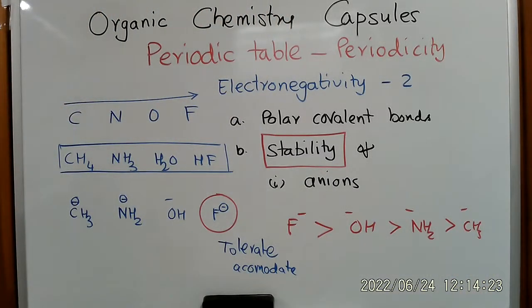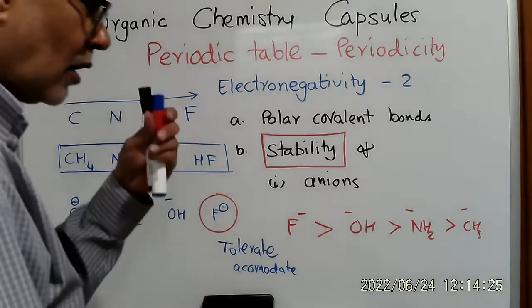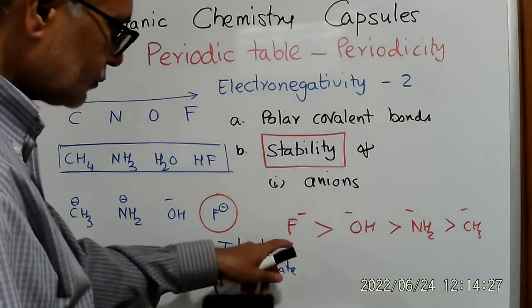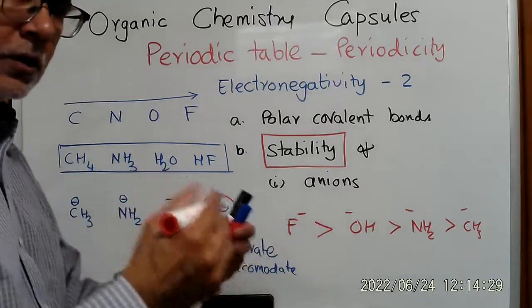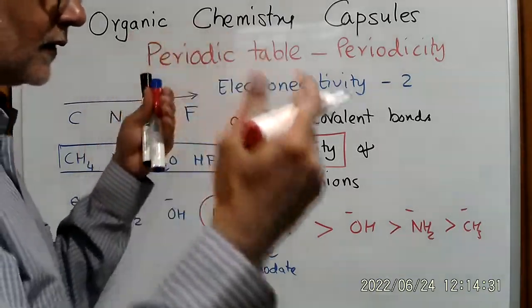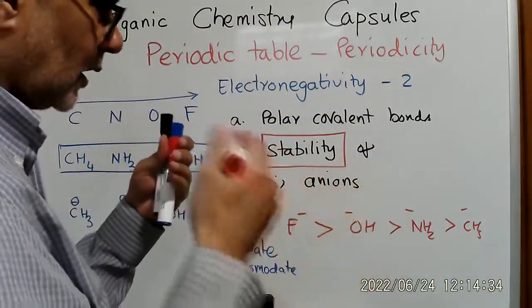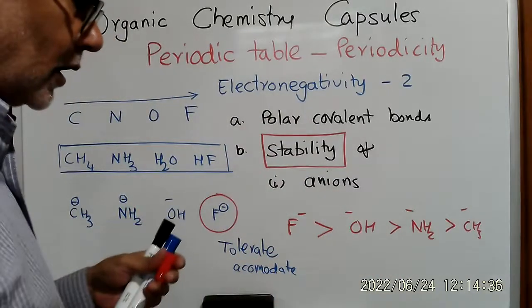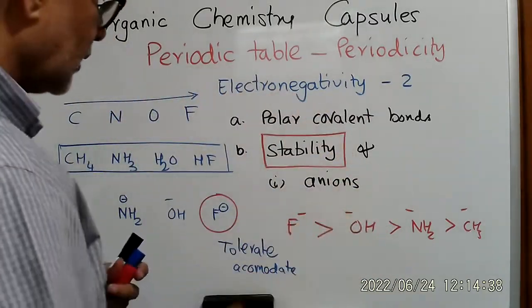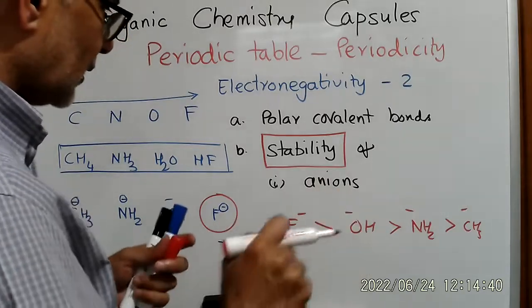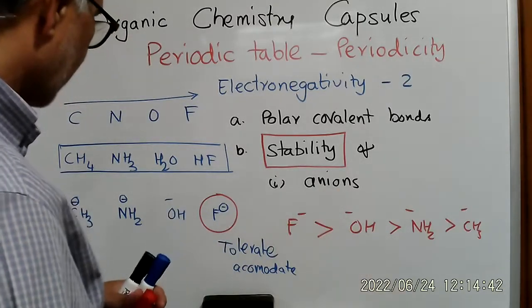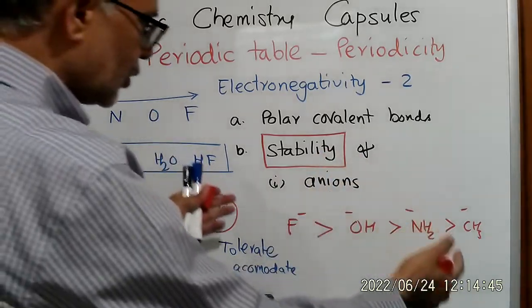So we're talking about stability often. We need to keep various explanations for stability in our mind and take out whatever is appropriate to explain a situation. So in this case, electronegativity.